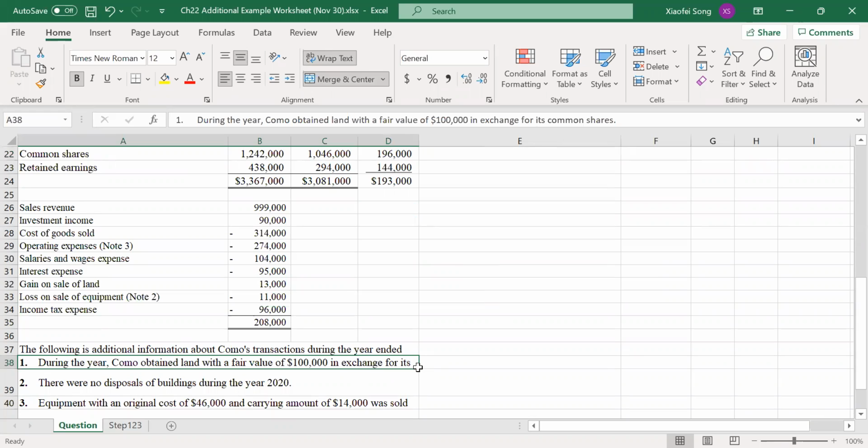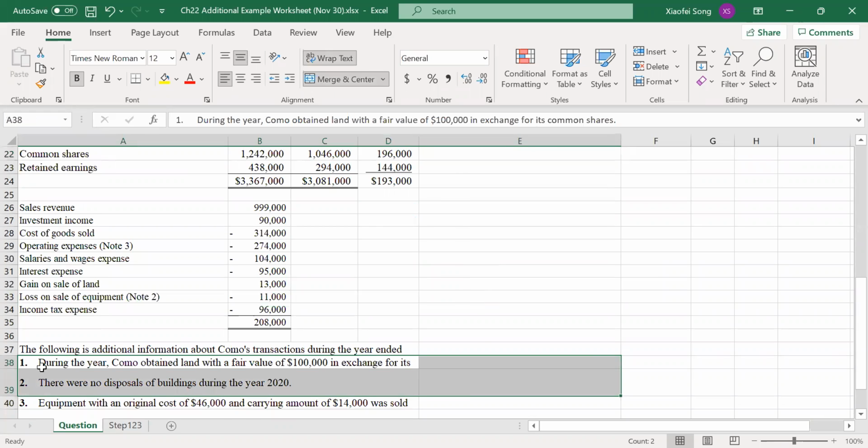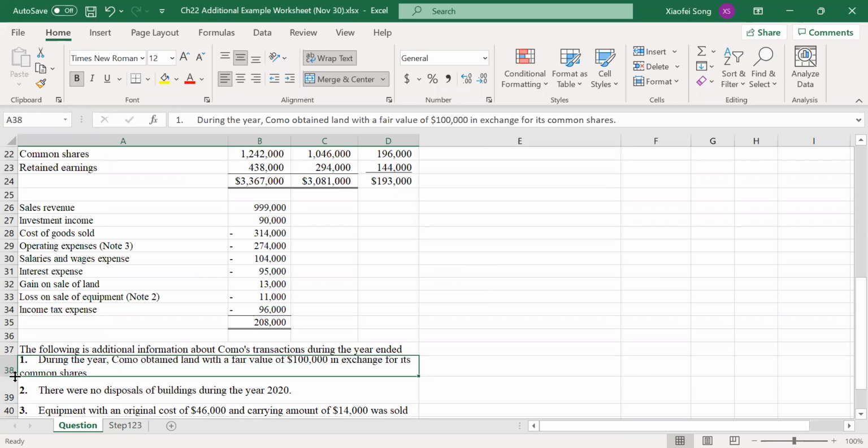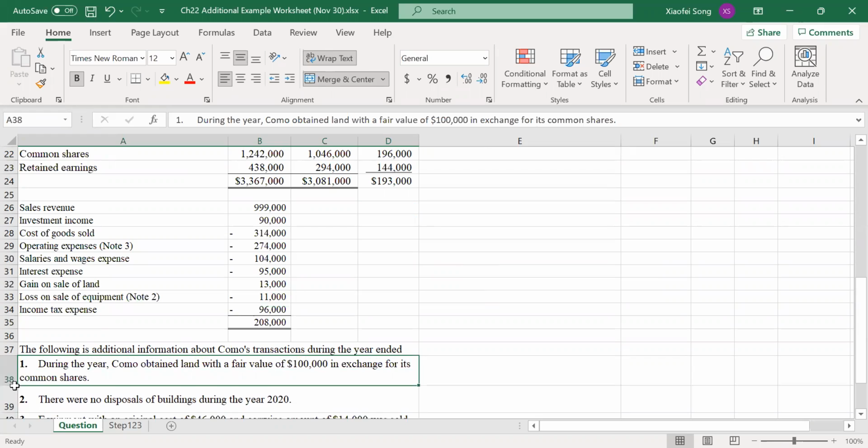I don't know why that one is not here. In the Word version of this question, everything is shown, but when I converted it to Excel, there's a little bit of a problem here, right?